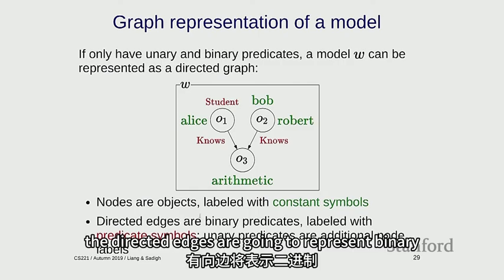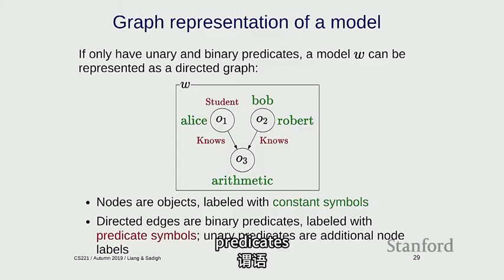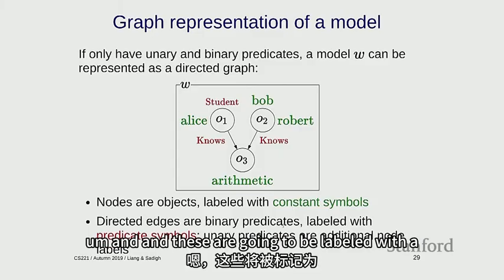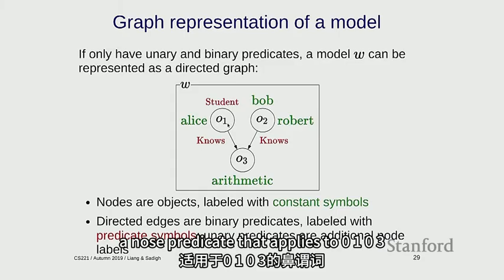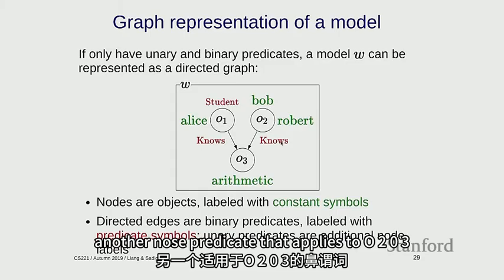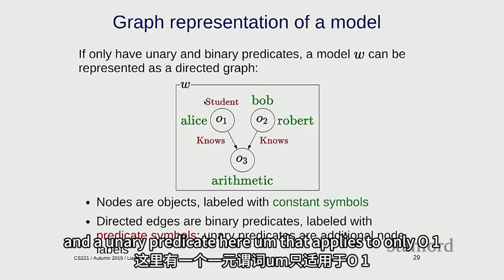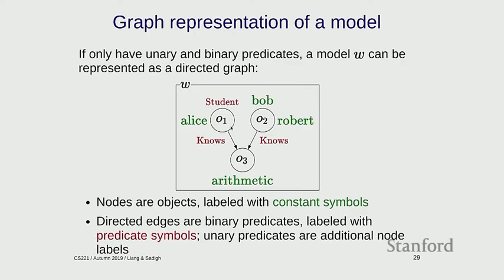And then the directed edges are going to represent binary predicates, and these are going to be labeled with the predicate symbols. So here I have a knows predicate that applies to O1 O3, another knows predicate that applies to O2 O3, and a unary predicate here that applies to only O1.